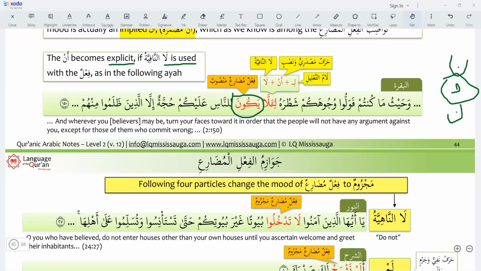You have learned in the last lesson bima, lima, and so many prepositions with ma. So it is the same case, an and la. We delete the nun and it becomes alla. We delete the nun and we give it shadda, tashdid.